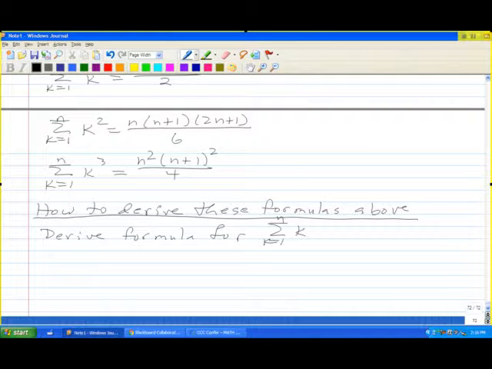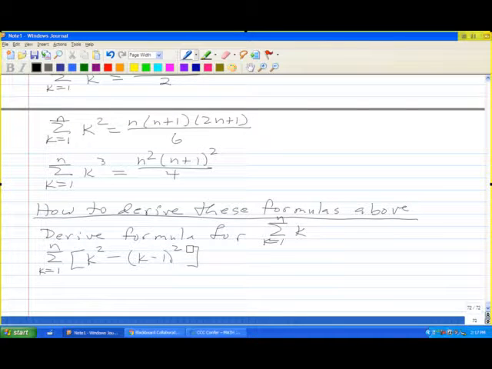We will always use the following idea. I will look at k squared minus (k minus 1) squared. So this is to the first power. To find the formula for first power, you do the squares. To find the formula for second power, you do the cubes. For the cubes, you'd use the fourth power. So you always do one higher power.